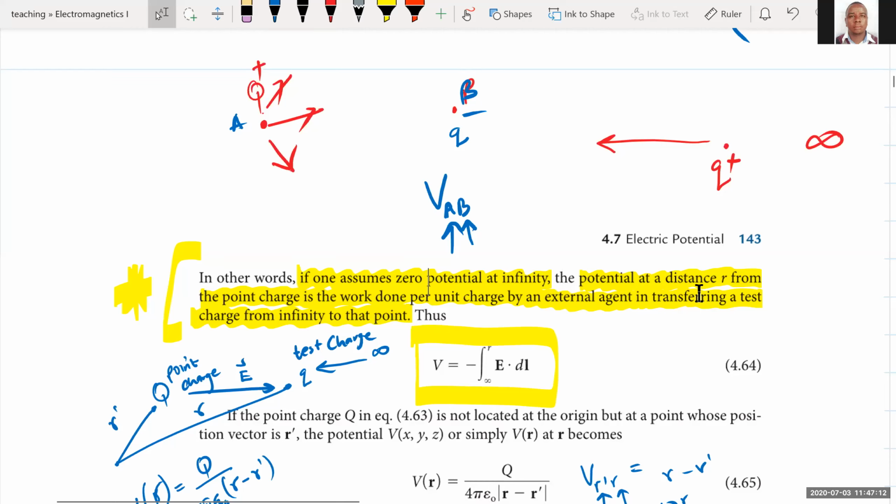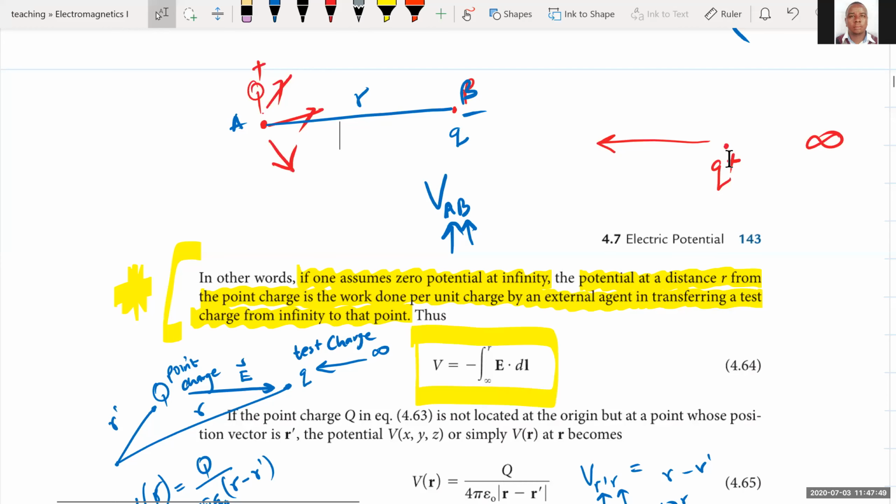Then the potential at a distance r from the point charge q is the work done per unit charge by an external agent.